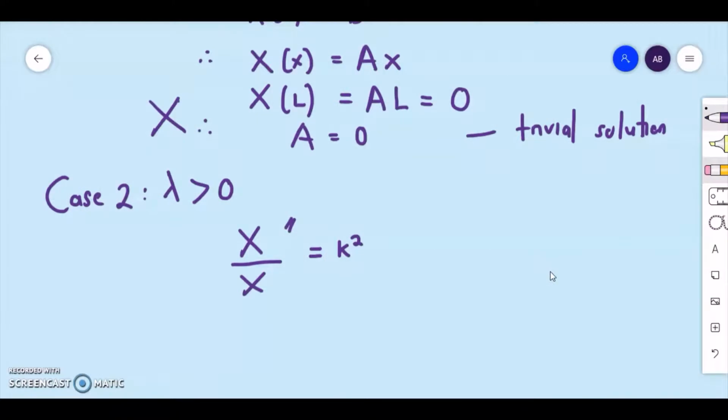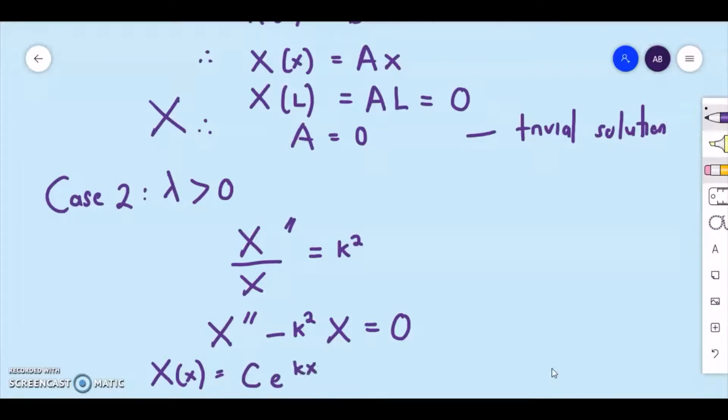I'll have X double prime minus kappa squared X equals 0. The solution for this should give me two different roots, so I can write it as C exponent kappa x plus D exponent negative kappa x.